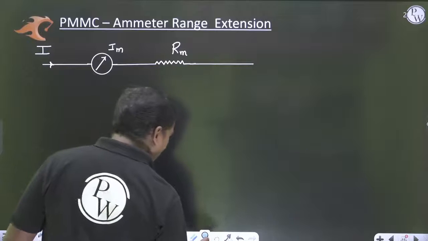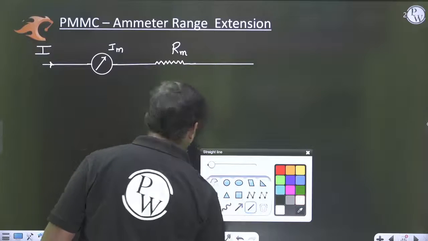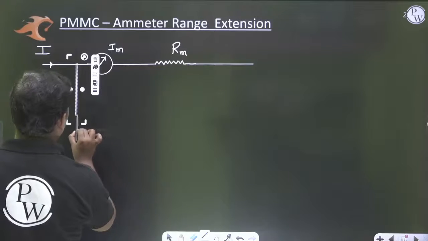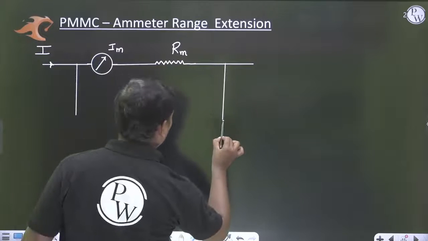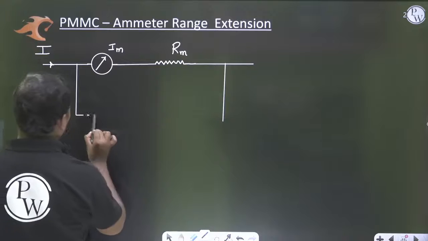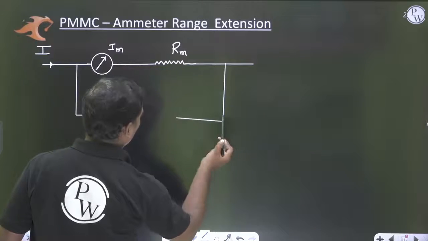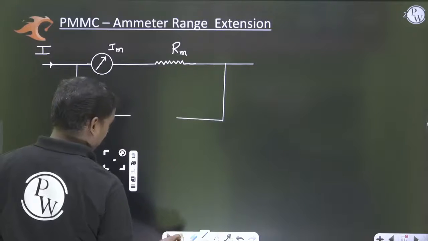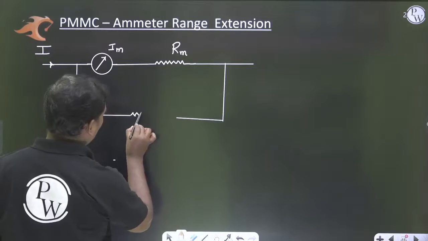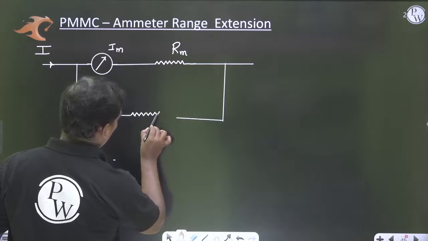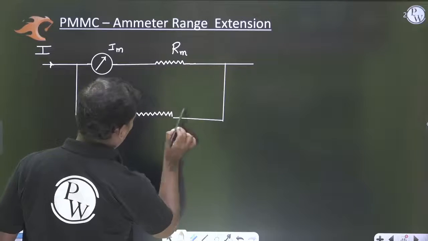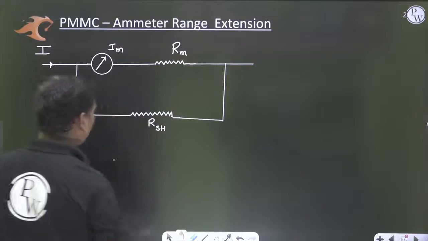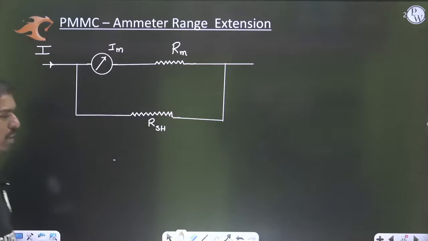If you attach a shunt resistance here, like this, so this is the shunt resistance Rsh.